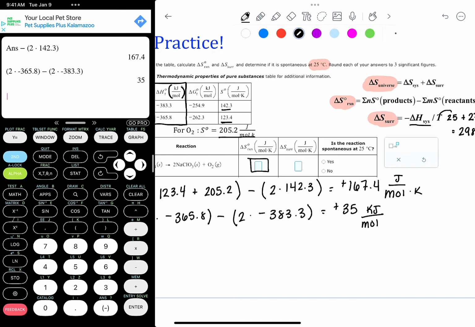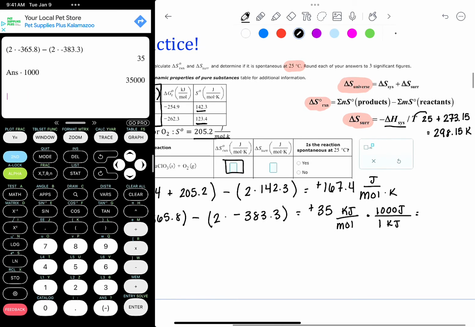So before we can use it to plug into our delta S, we do have to convert it. We know that in 1 kilojoule, there's 1,000 joules. So we'll take that 35 and multiply it by 1,000. So this is actually 35,000 joules per mole for delta H.